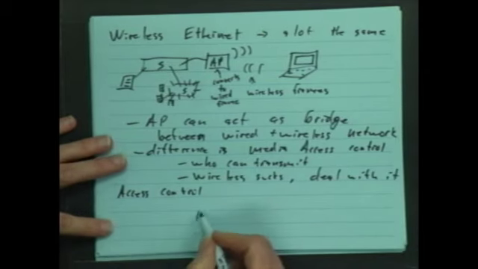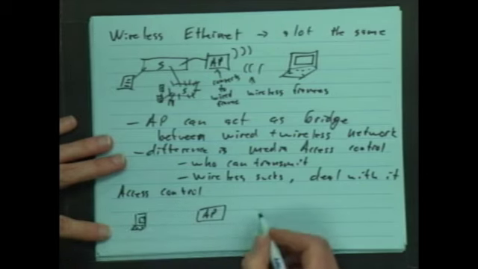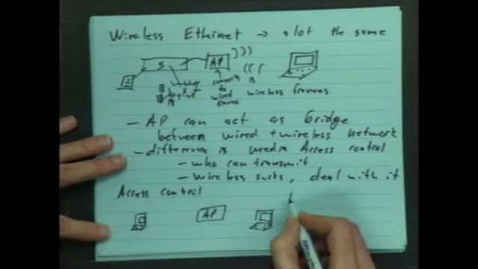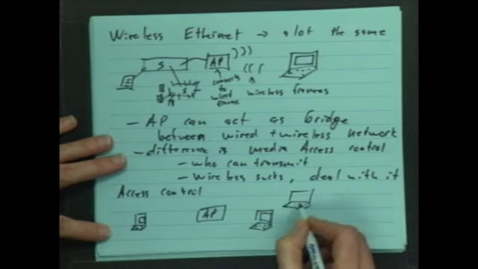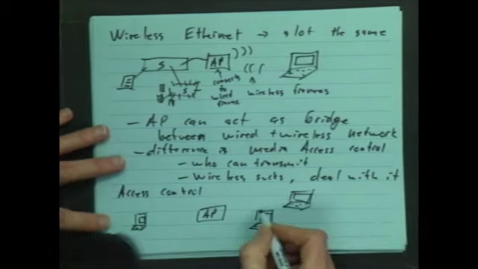So if we draw our little access point here, I got my access point, and I have some stations on my wireless network. Okay, so these are people sitting around in a conference room, let's say, or in a classroom, and they have things they want to say.